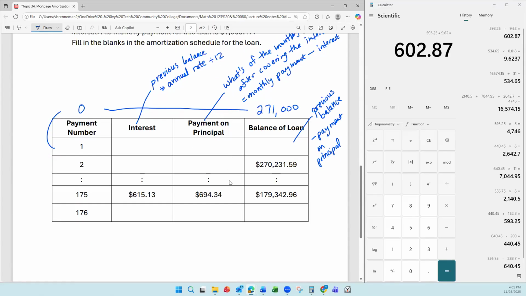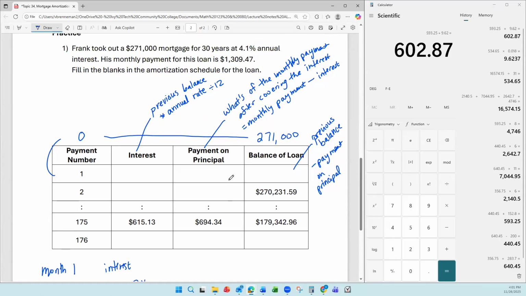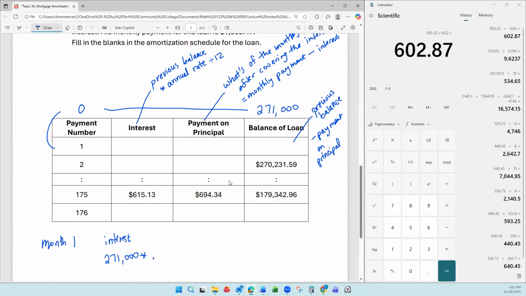So for the first month, calculations down here, just so I'm not crowding the table. The interest is going to be the 271,000 times 4.1%, and divided by 12.